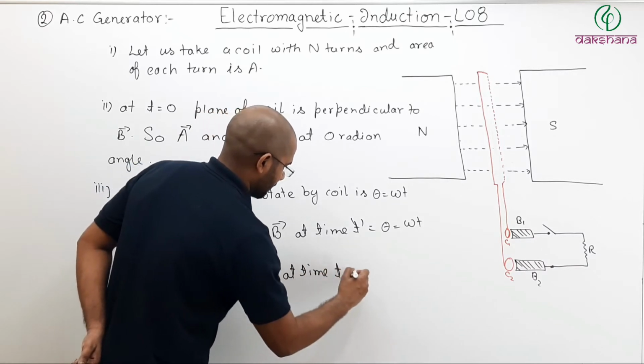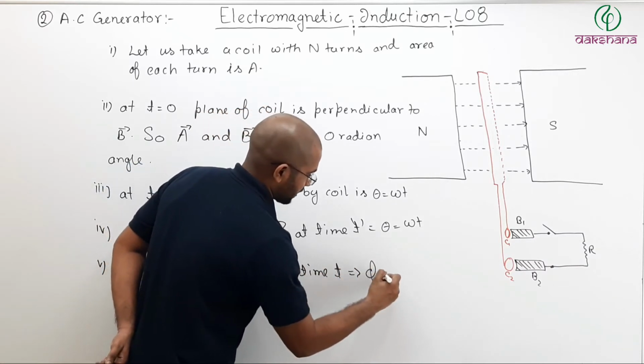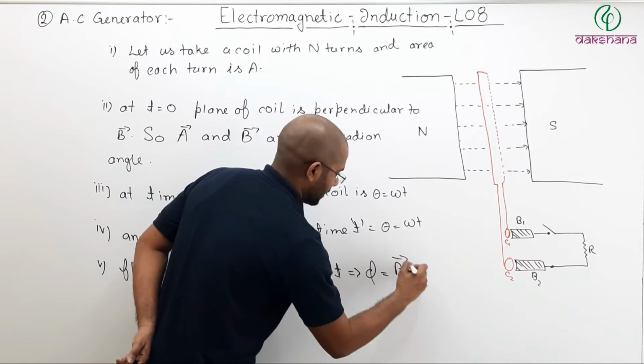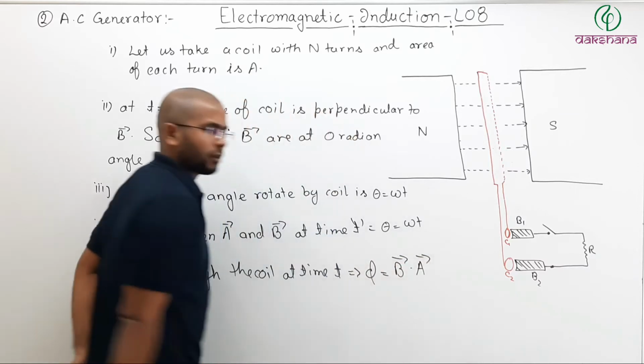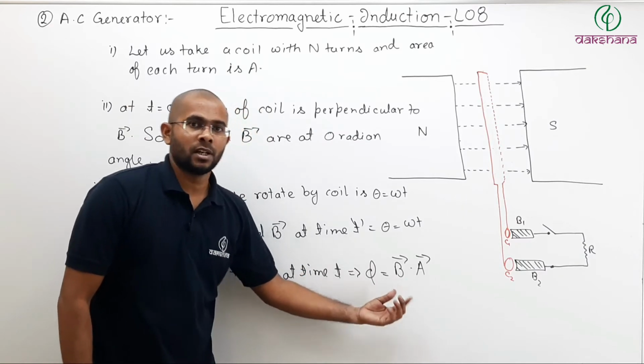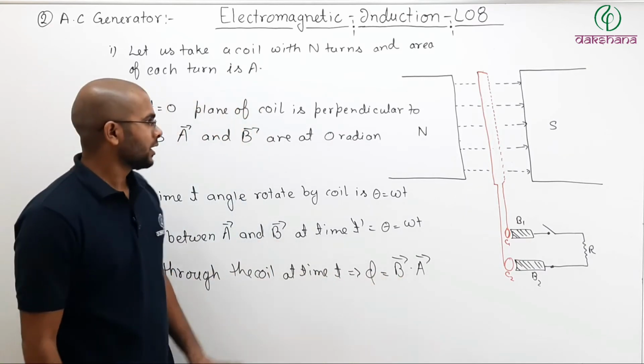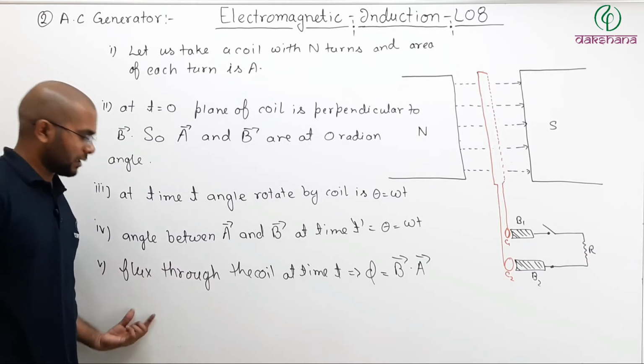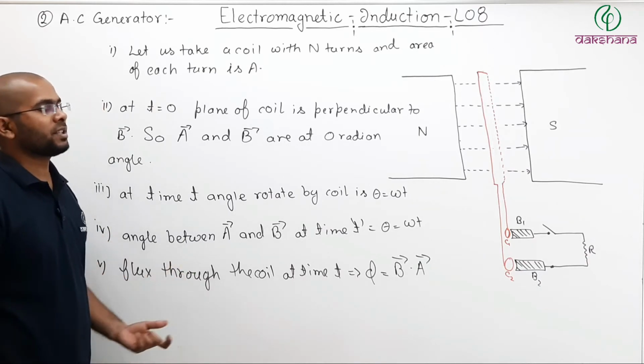Flux equals B dot A. That is your flux, your area vector and B vector, the field vector. So B dot A, that is your flux. Pause the video, note it down, then we will discuss further how EMF is generated.